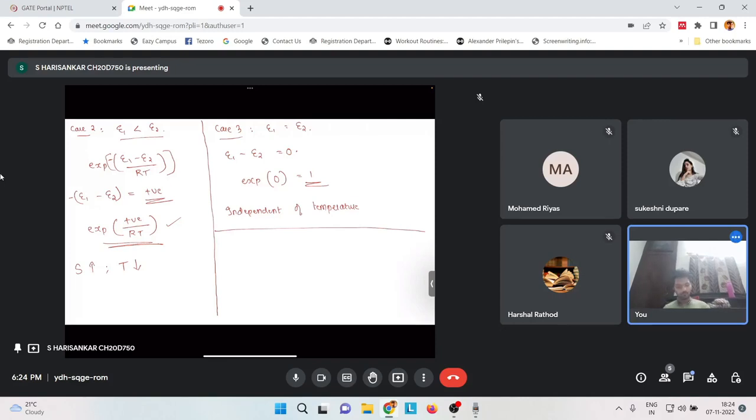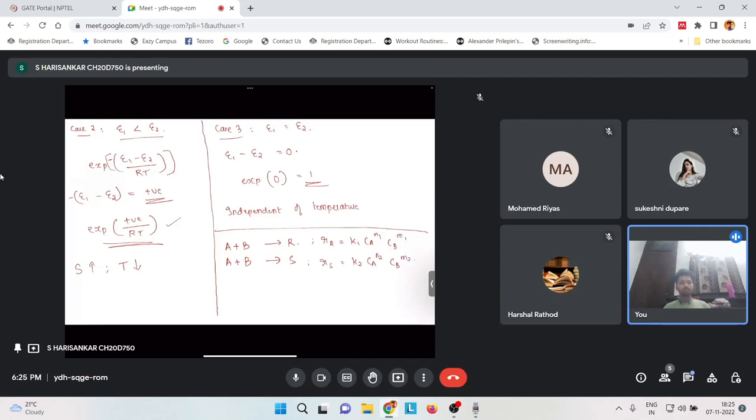So let's say we can have something like A plus B gives R and A plus B gives S. Here the rate of reaction of R will be K1 Ca raised to N1 Cb raised to M1, and here Rs will be K2 Ca raised to N2 Cb raised to M2.